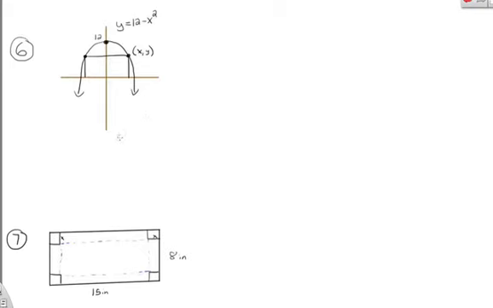So once again, I have area equals, and then let's figure this out. If this length is x, then this length is also x. So I get 2x times the height of the rectangle, which would be the y value. And now I just need to convert into one variable, and we have the equation that relates y and x of the parabola.